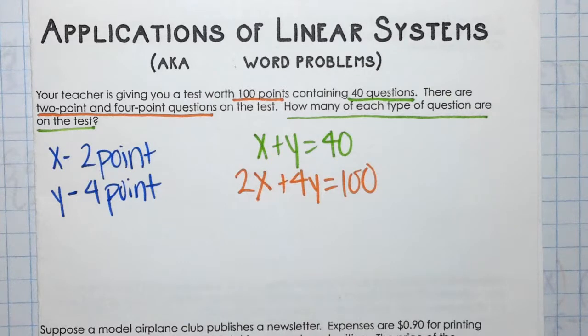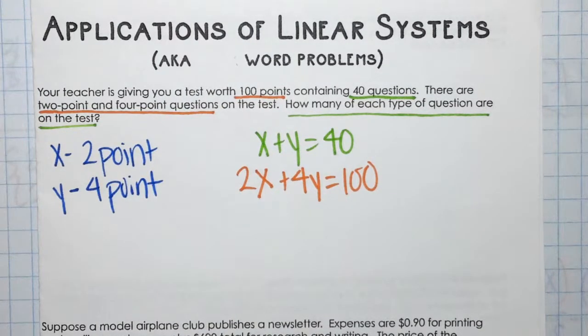Now, how many different ways do we have to solve a system? 3. Graphing. What's the next one? Substitution. And then? So what method do we want to use here? Elimination. Y'all seem to like elimination better, right? Okay, so we could eliminate every time.